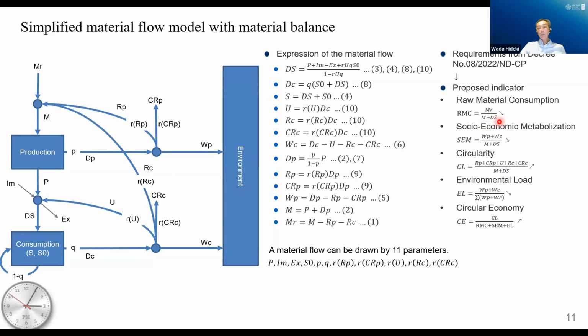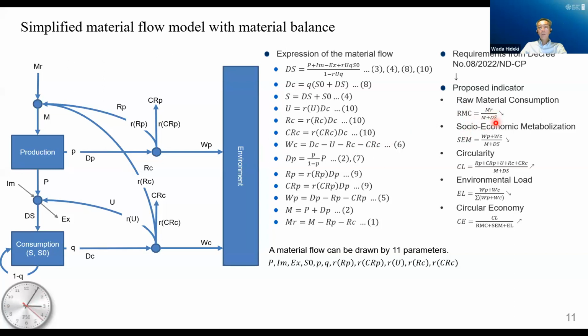But the reason why I use M plus DS as the material input is that we can consider both the production part, M, and the after-consumption part, DS, as the total material used in Vietnam.